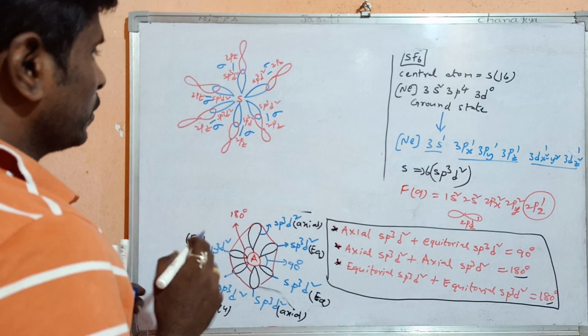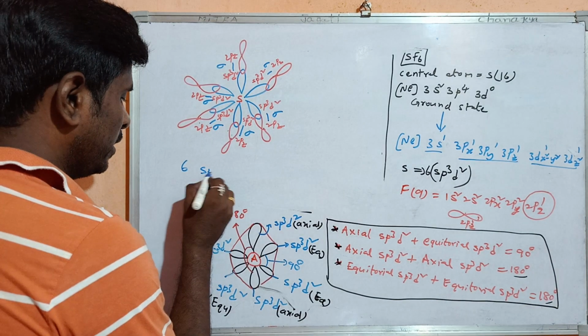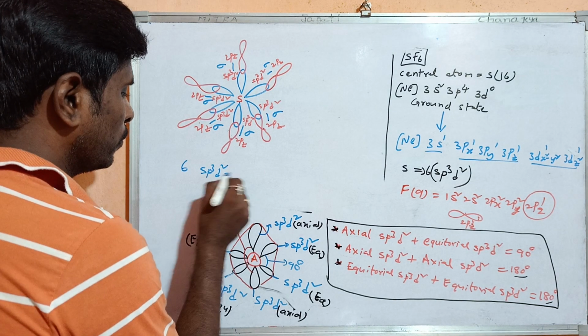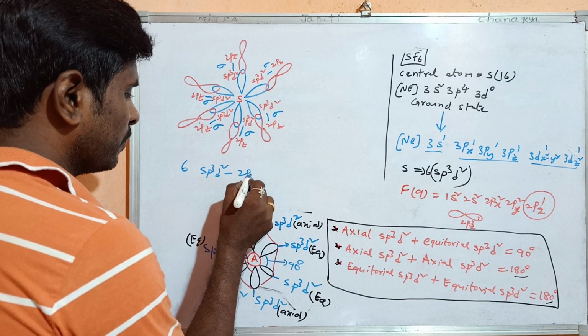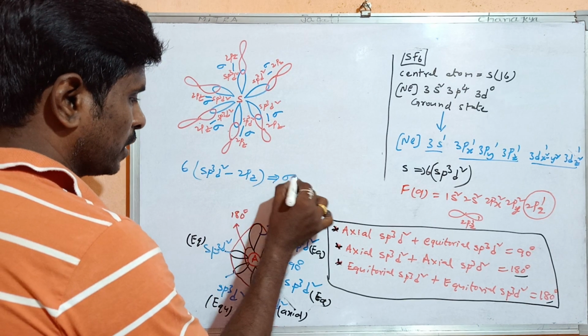Now around sulfur 6 sp3d2-2pz sigma bonds are there.